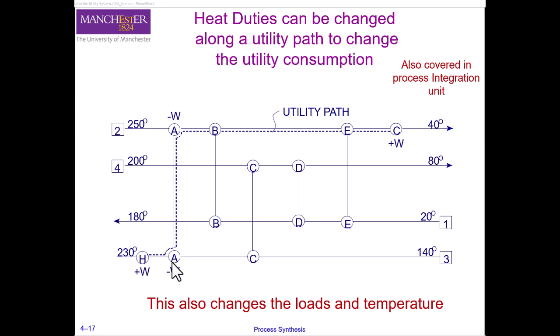But by shifting this load along this energy path, in this case, we spend more on our hot and cold utilities, but now we need a much smaller exchanger A than before.